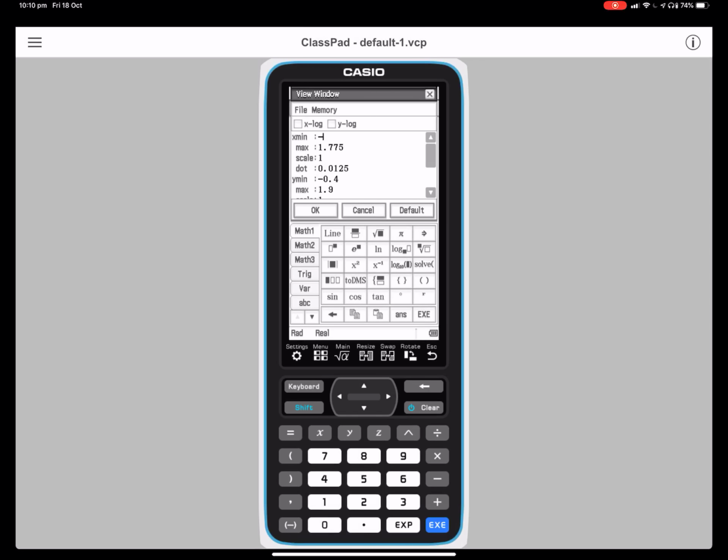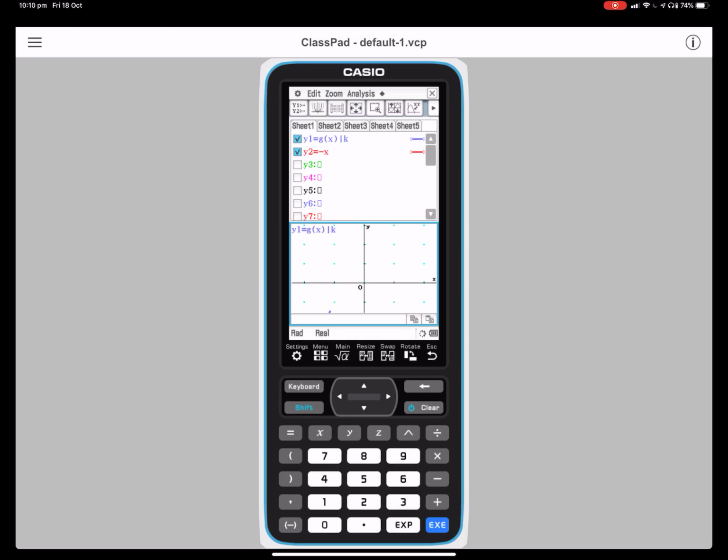We'll go from negative 1.2 to 1.2. Zoom auto. We want this graph to be x now, not negative x. Okay, so let's see what happens as k increases. That area gets smaller, so it approaches 0.